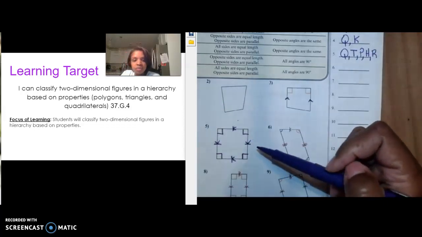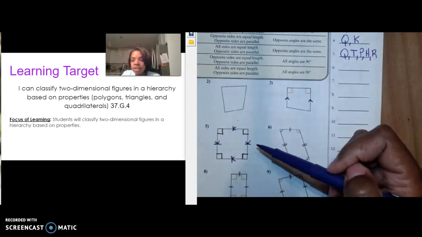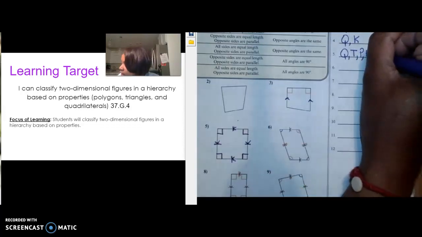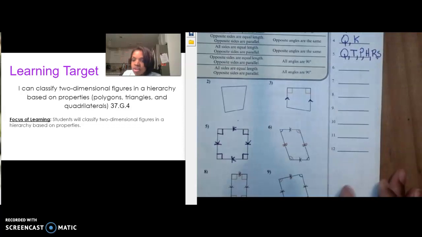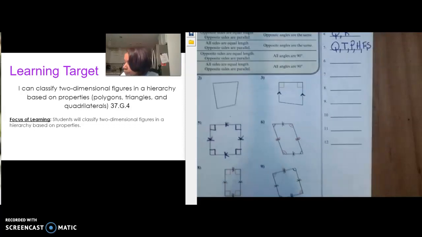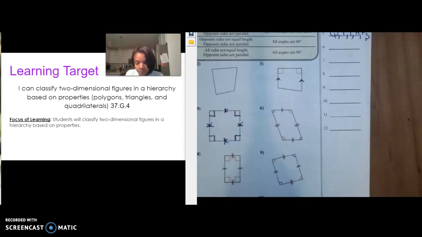But because it has 4 right angles and 4 equal sides, it is also a square. So in this case, number 5 is a quadrilateral. It is a trapezoid. It is a parallelogram. It's a rhombus, a rectangle, and a square. Okay? All right, so, and if we remember our hierarchy, where did I put mine?